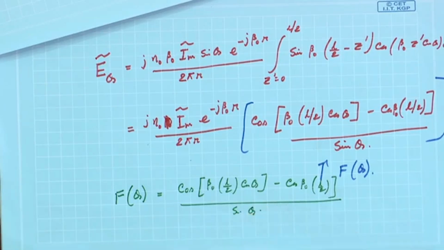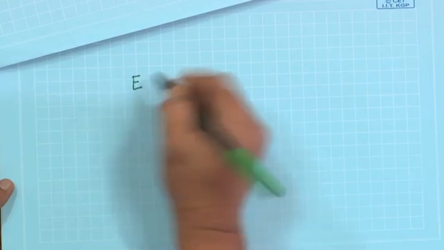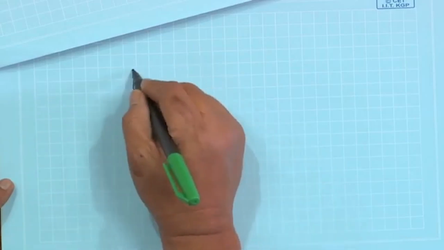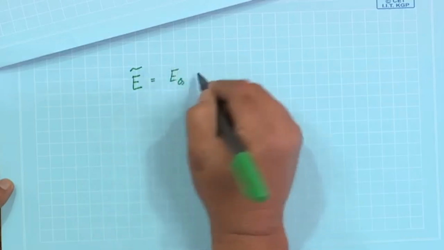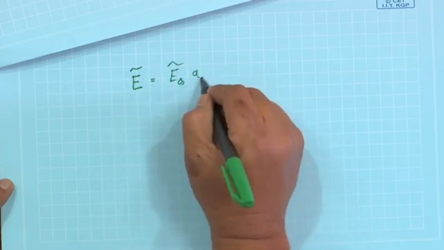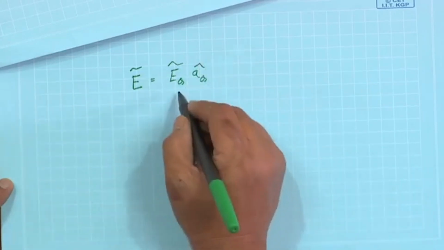Thus, we can now write what the far field of a long dipole is. It is E theta, that means it is a theta directed field.